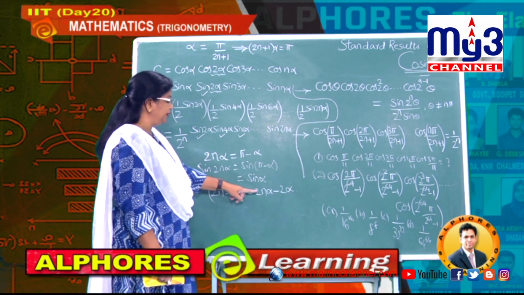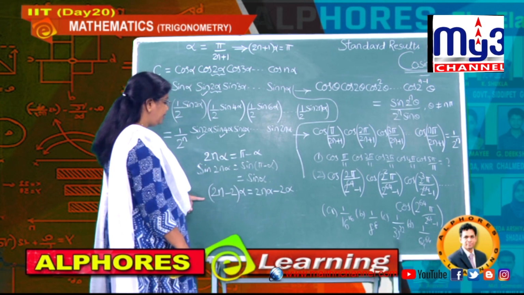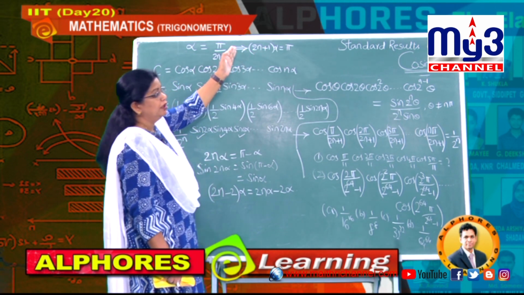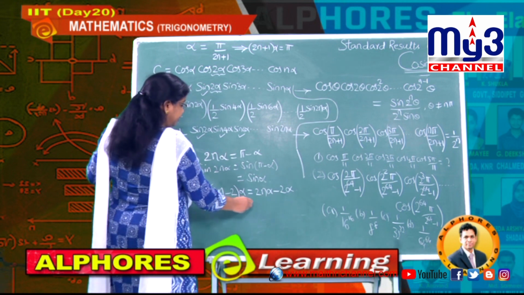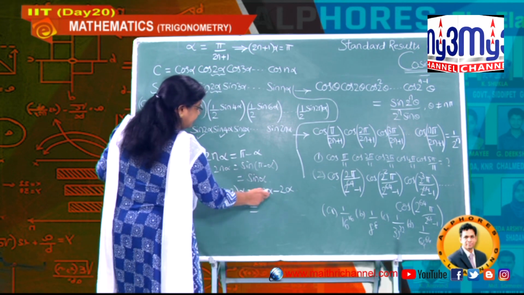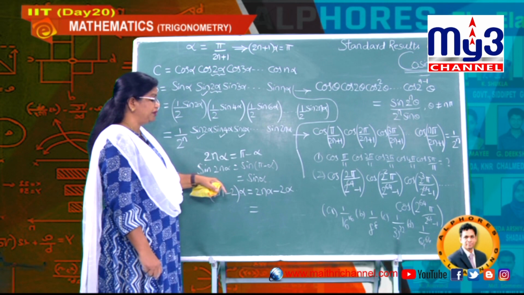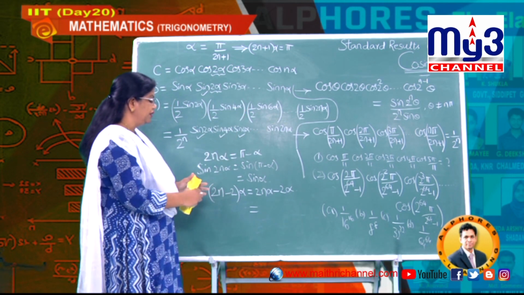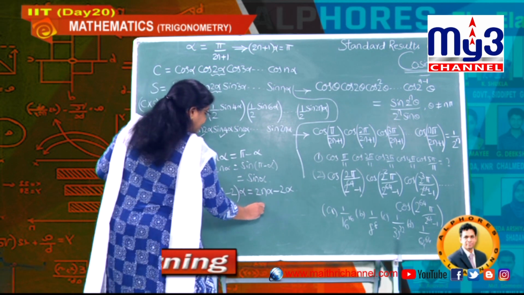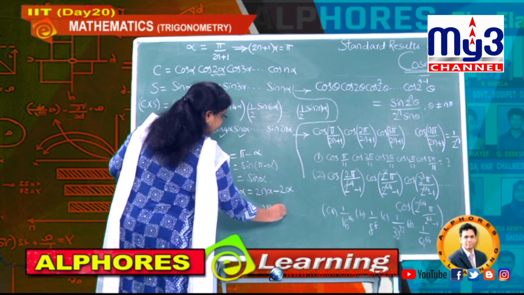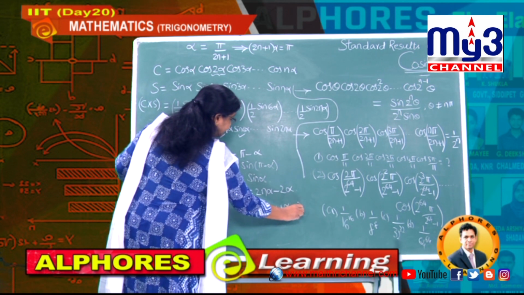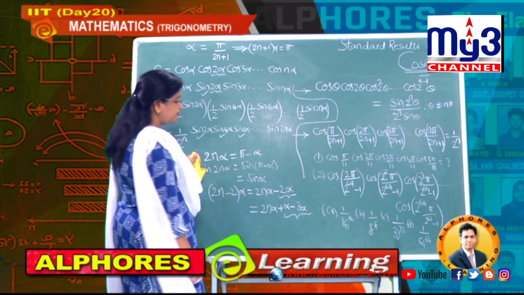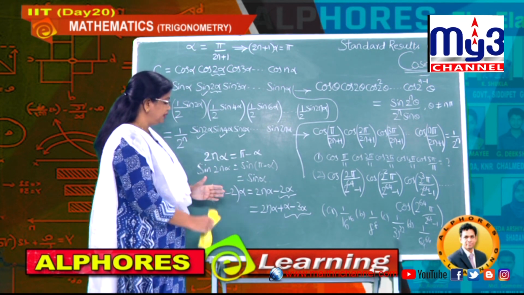And now what is actually our value? It is 2n alpha plus alpha. So here we multiply, and add and subtract, that is 2n alpha plus alpha. If I write, what will happen here? 2n alpha, this is plus alpha minus alpha, that means minus 3 alpha. Now this is nothing but minus 2 alpha.